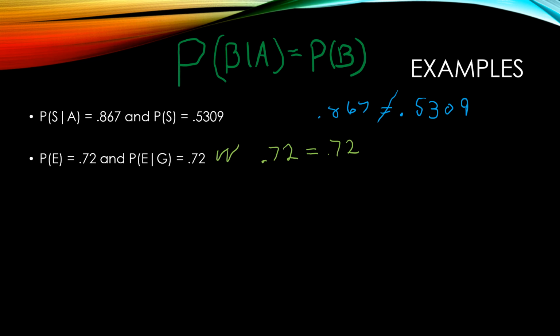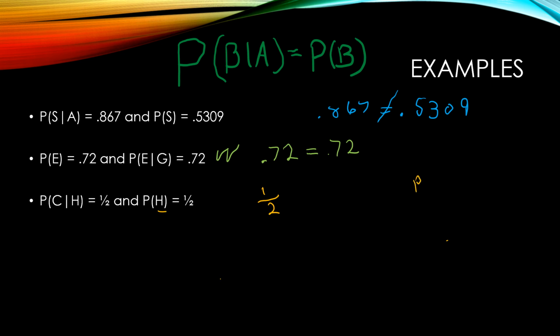Now let's look at the probability of C given H is 1/2, and the probability of H is 1/2. So the probability of C given H, we know that's 1/2. But there's a problem here. Our H is our condition, not the event.